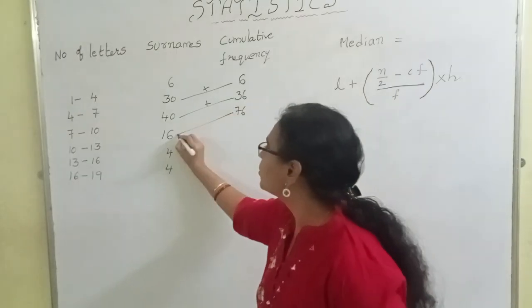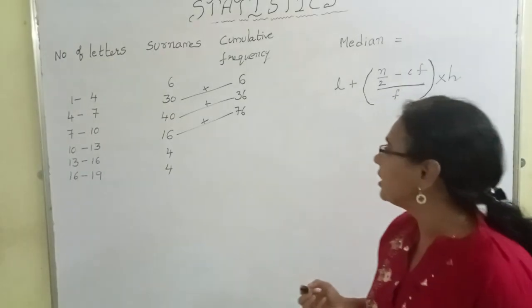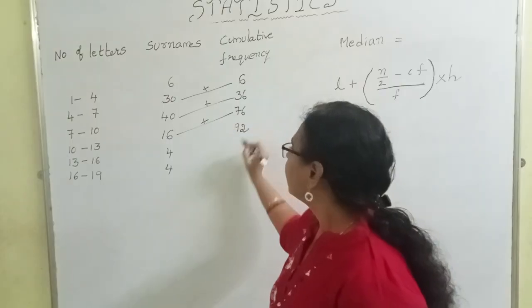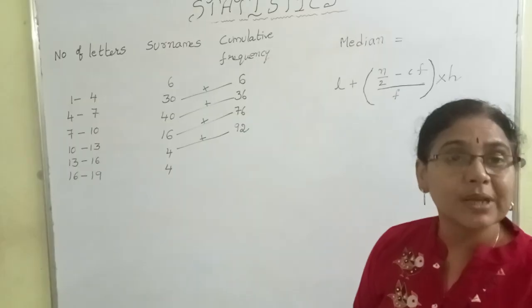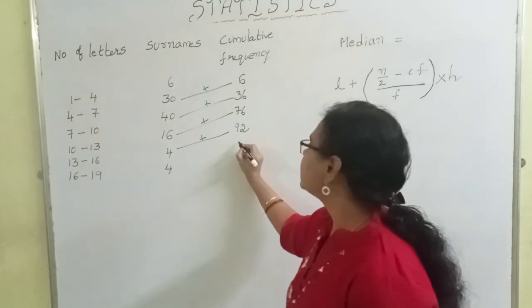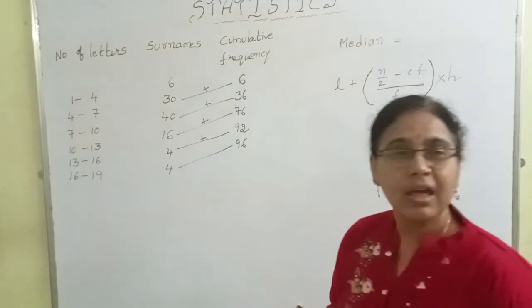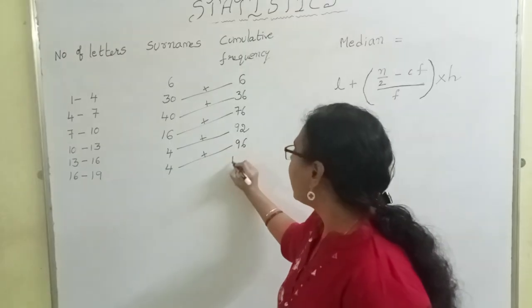Next, again it should be added with the next number. 76 plus 16, how much? It's 92. 92 is added with the next number. 92 plus 4, how much? It is 96. Again, 96 is added with the last number. 96 plus 4 is 100.